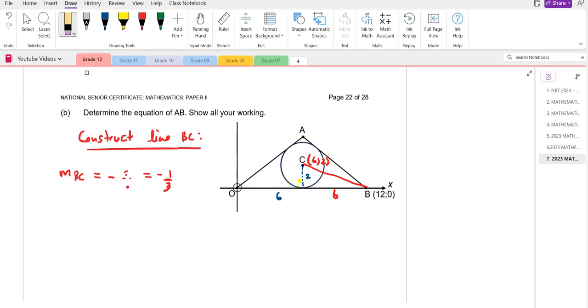Like y2 minus y1 for BC. So what we have is 0 minus 2, divided by 12 minus 6. So we got 2 over 6, so we got 1/3. That's right.